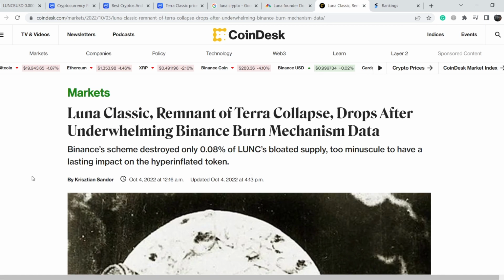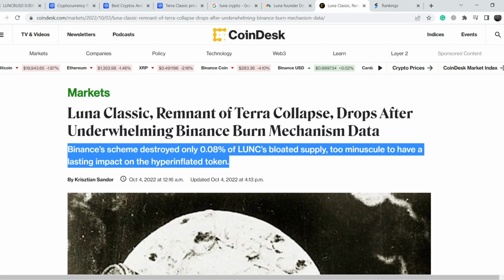On October the 4th on coindesk.com we have this article that is titled "Luna Classic, remnant of Terra collapse, drops after underwhelming Binance burn mechanism data." Binance scheme destroyed only 0.08% of LUNC's bloated supply, too minuscule to have a lasting impact on the hyperinflated token.